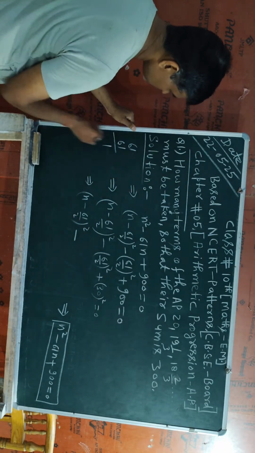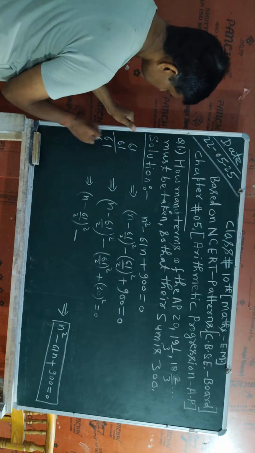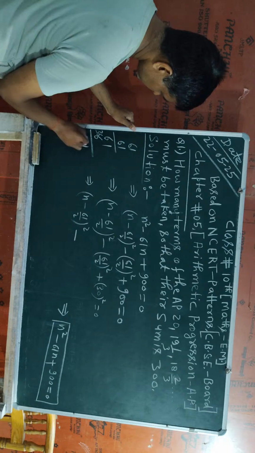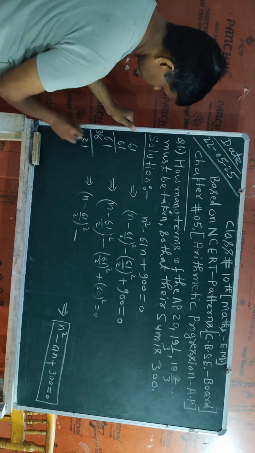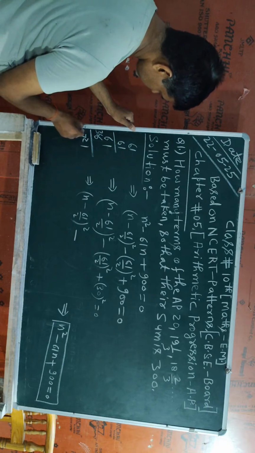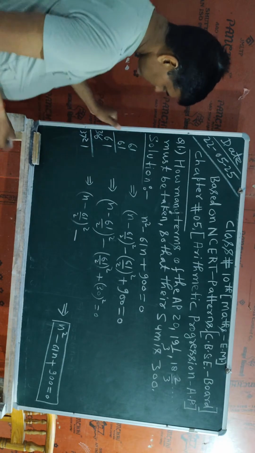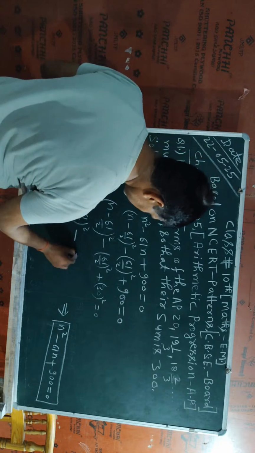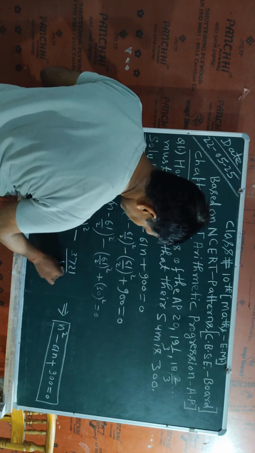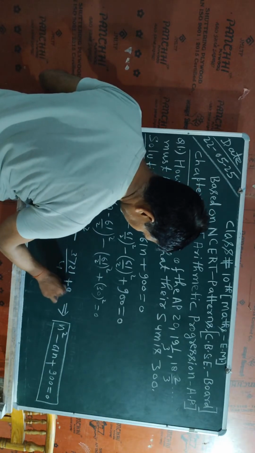So 1 into 1 is 1, 6 into 1 is 6, and so on, and the result will be 3721 divided by 4, and here will be 900.